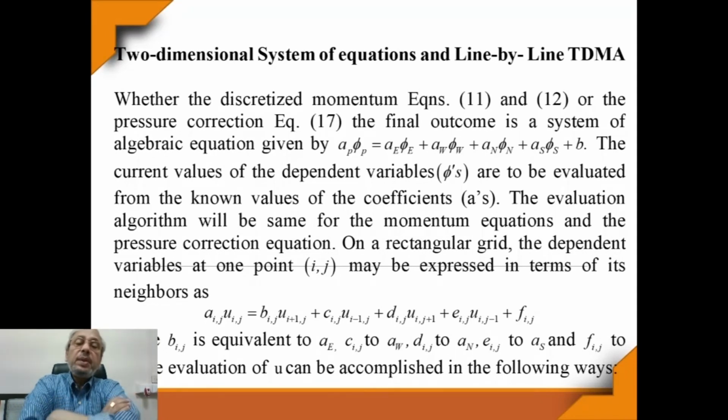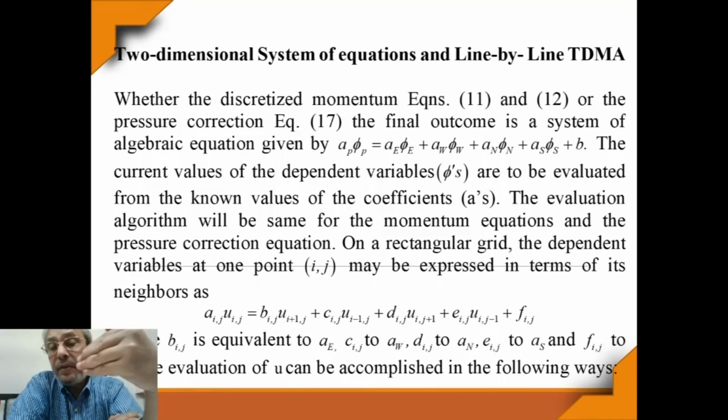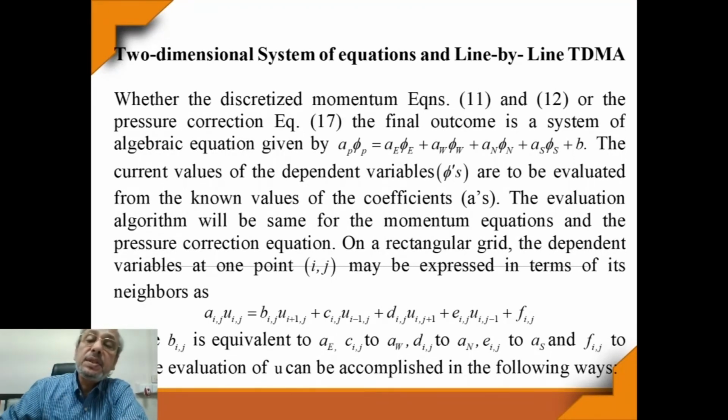Now, since in this calculation everywhere we will be getting equations in this form, whether it is 11 or 12 or 17, in this form, phi P, phi may be U, phi may be V, phi may be pressure, our variable of interest, and P is point Uij.